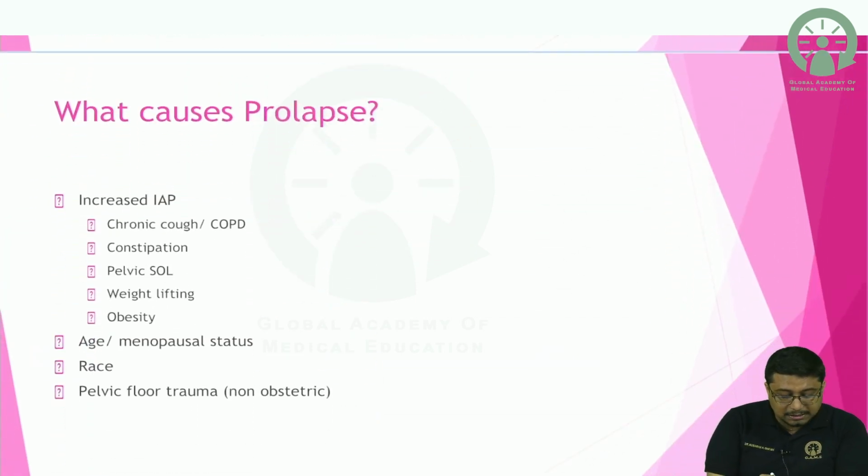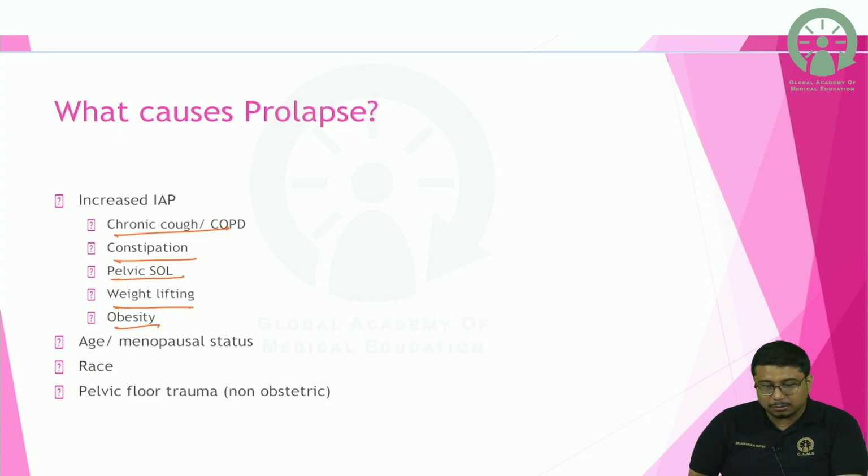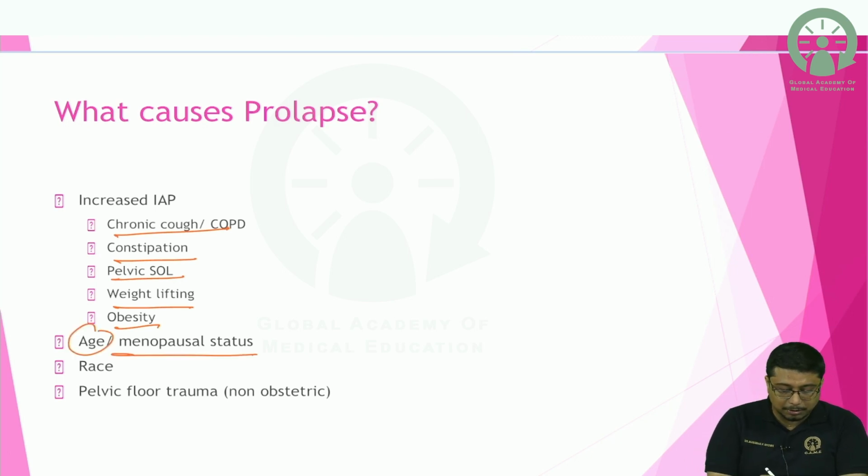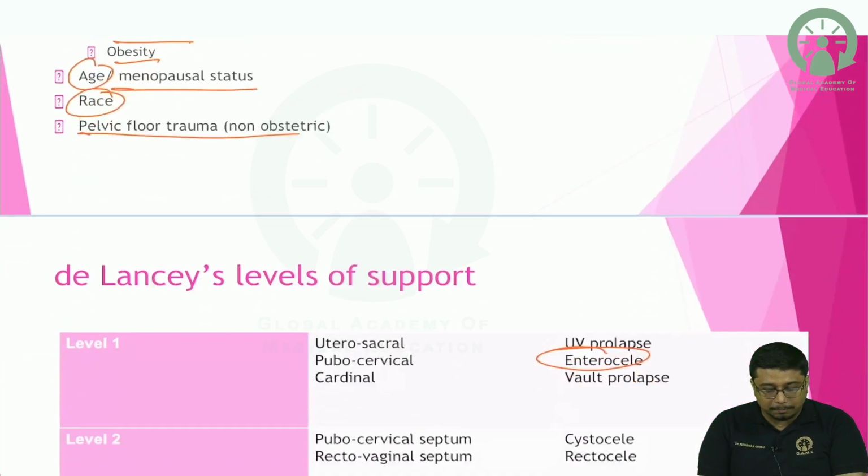So, what causes prolapse? Chronic cough or COPD, constipation, pelvic SOL, weightlifting, obesity. So, whatever we think is causing increased intra-abdominal pressure, also whatever causes weakness like age or menopausal status, race, pelvic floor, non-obstetric trauma, all these things.